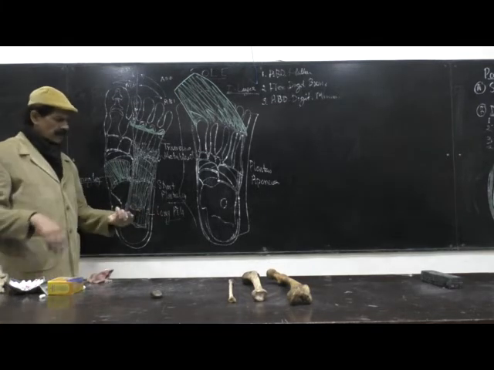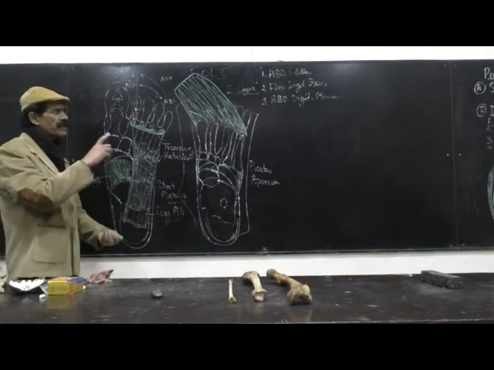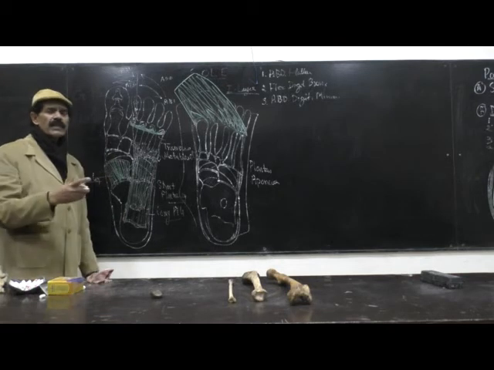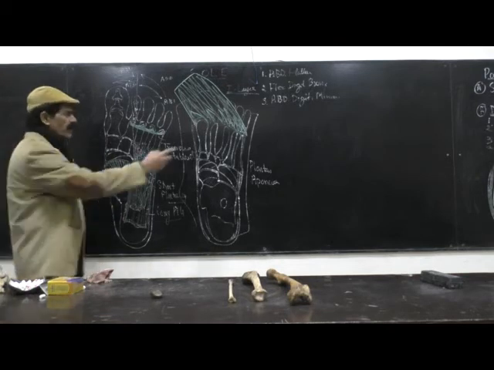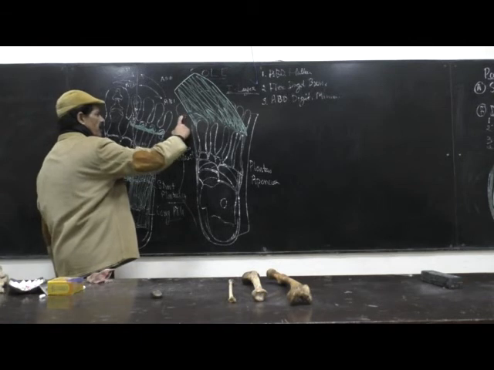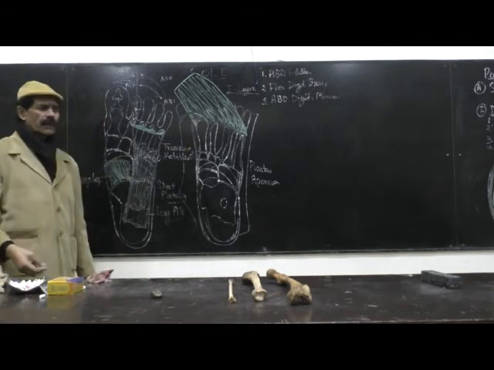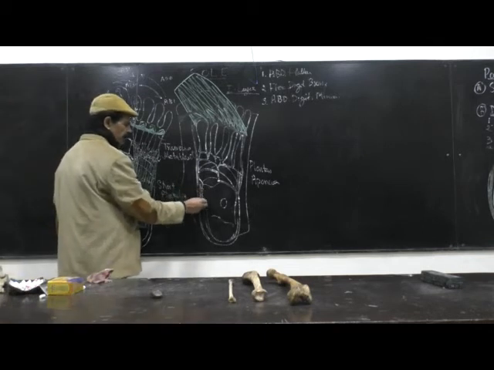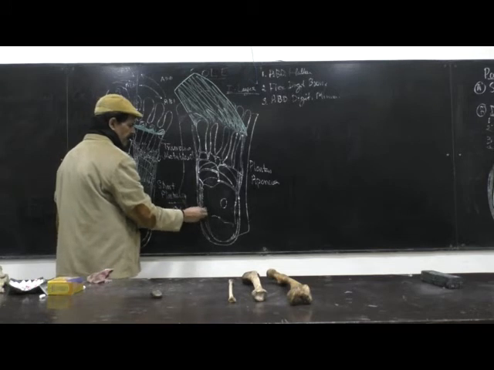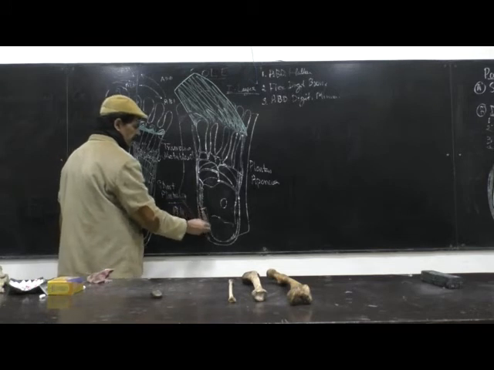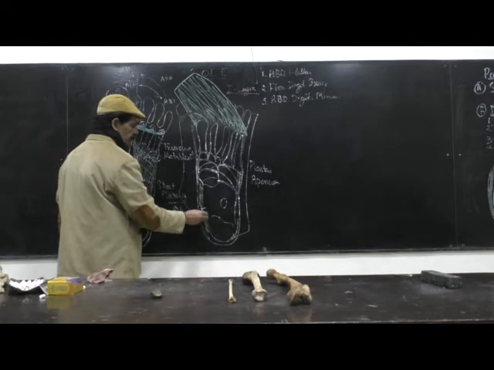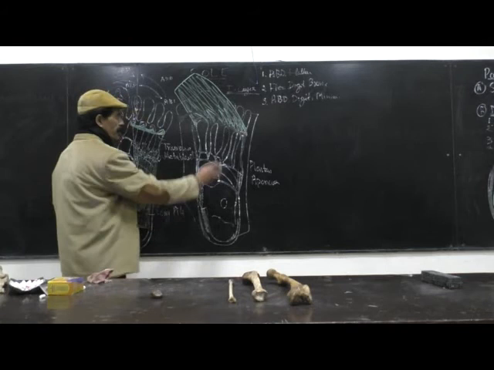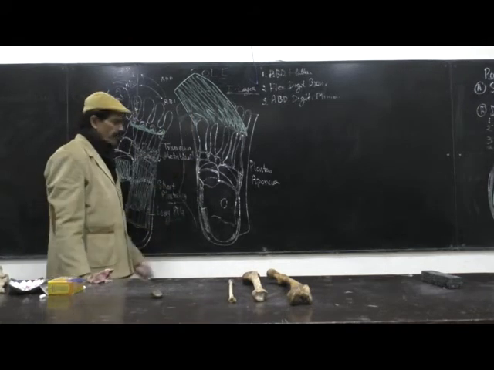So Abductor Hallucis means, first word is telling that it will do the abduction. Hallucis means great toe. So when this great toe moves away from the first finger, it is the action of the abductor. This muscle takes origin from the sustentaculum tali, then from the flexor retinaculum, and the deep surface of the plantar fascia.